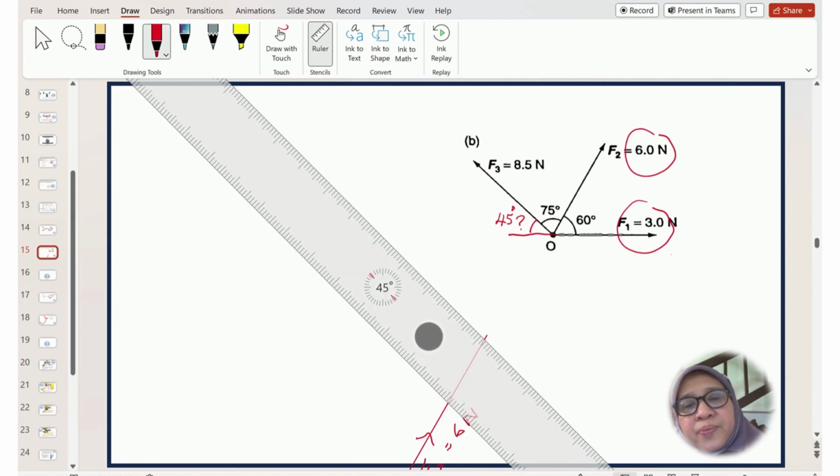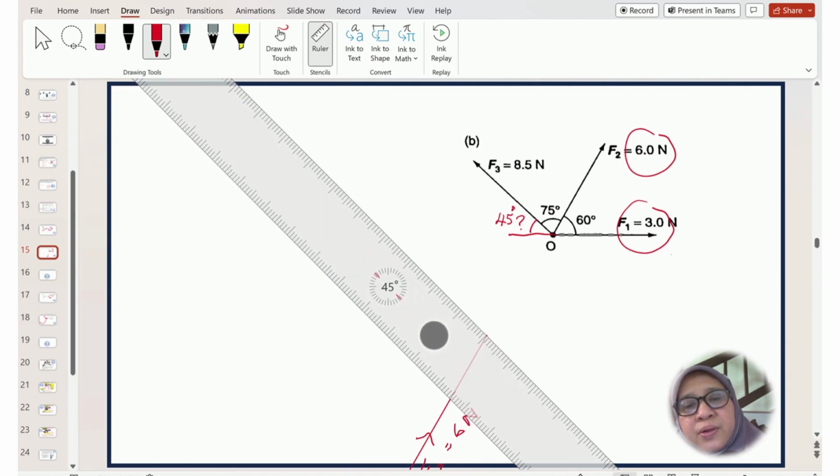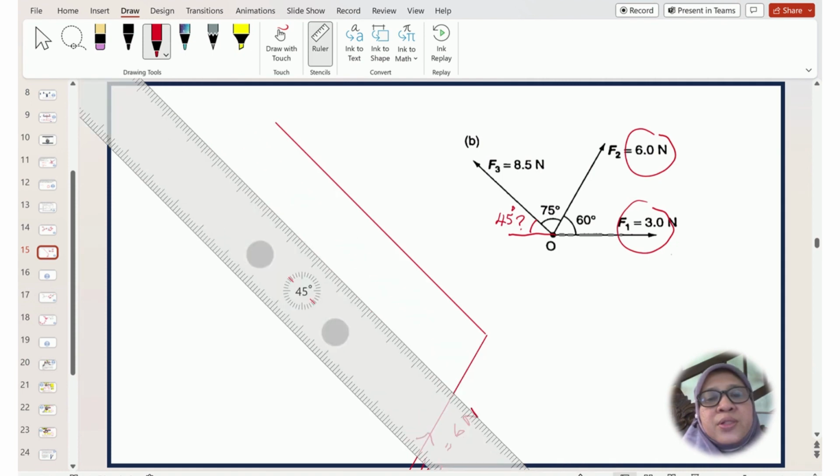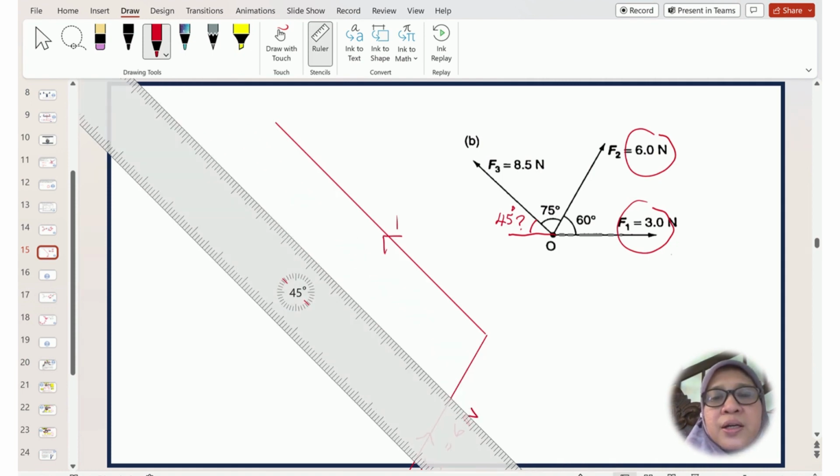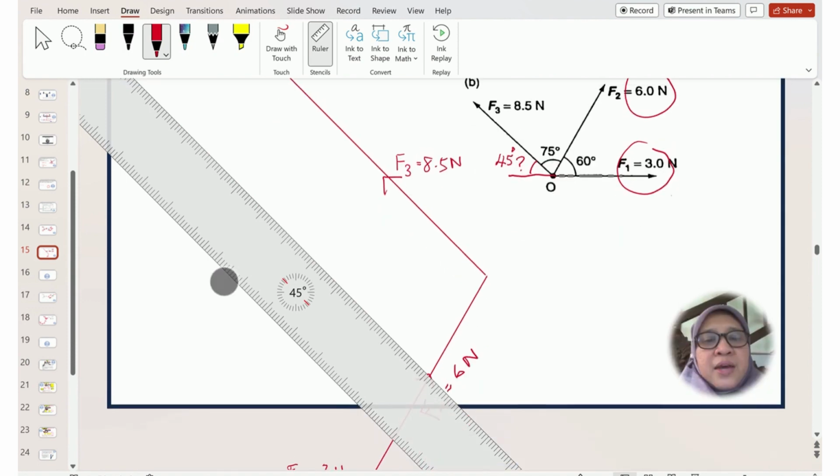Okay, done. So 8.5 will be 1, 2, 3, 4, 5, 6, 7, 8, then 0.5. So this is F3, 8.5 Newton.